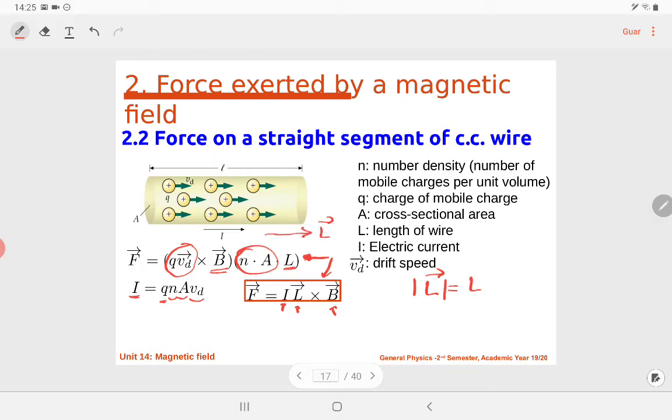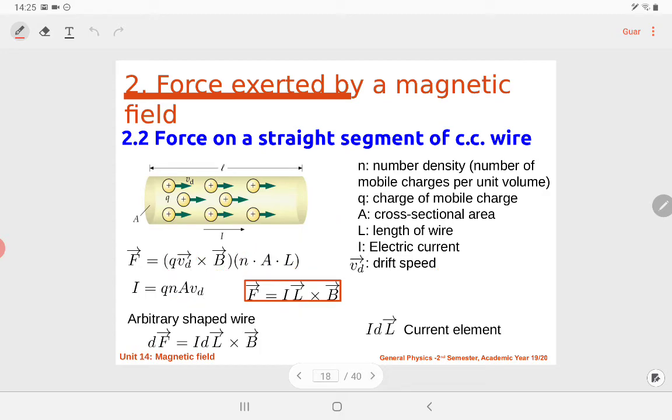Okay. So this is for a straight segment. What happens if you don't have a straight segment? What happens if you have an arbitrary shaped wire, something like this? If your wire is not straight, then what you can do is just evaluate what the force on each small piece is.